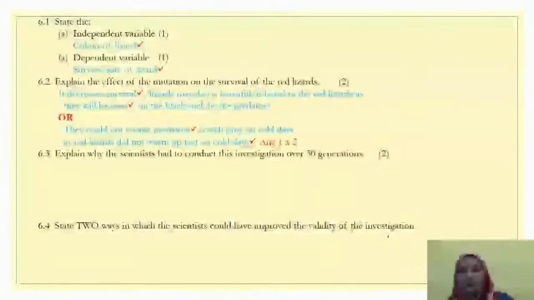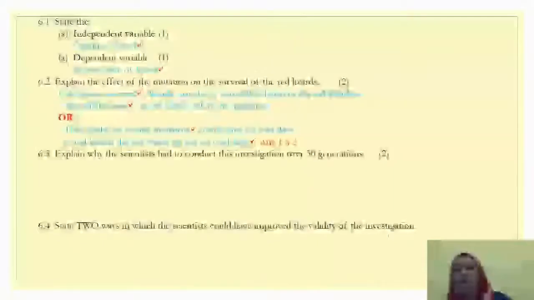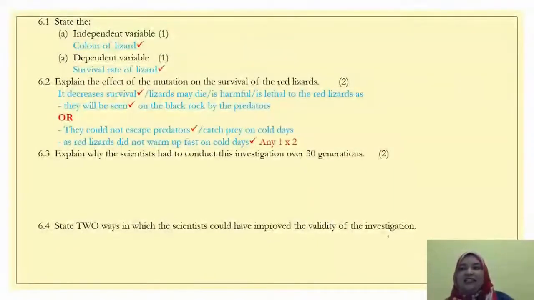The larger the sample size, the more reliable the results are. So when we think of reliability, we think of repeating the investigation several times and looking at a sample size. Validity, on the other hand, means, can I trust your results?